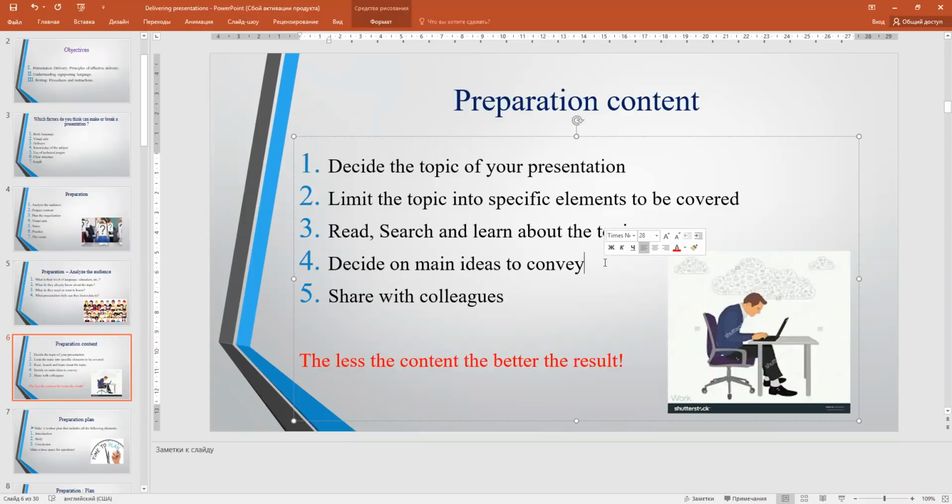You have to just include keywords that can help you to explain something about your contents. That is why you shouldn't include long texts that contain every detail about your topic. So you have to follow this rule. The less content, the better the result.